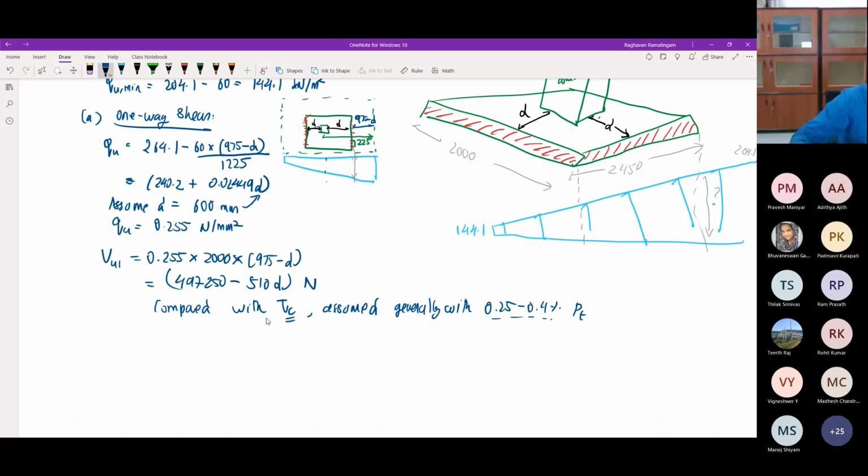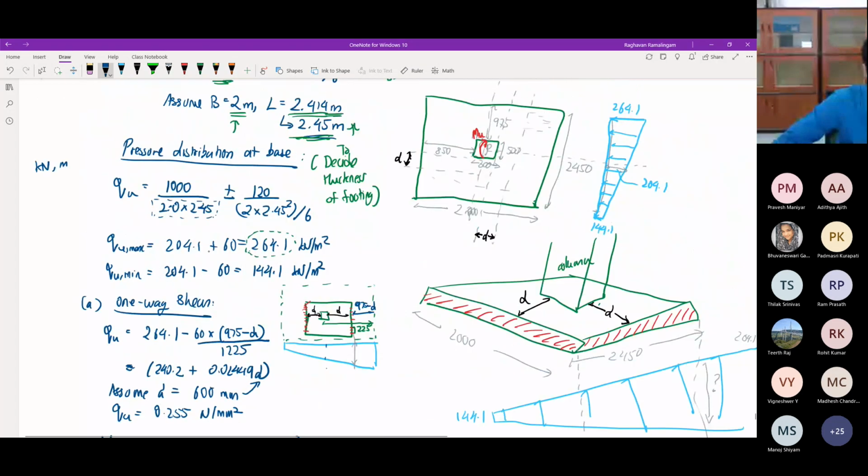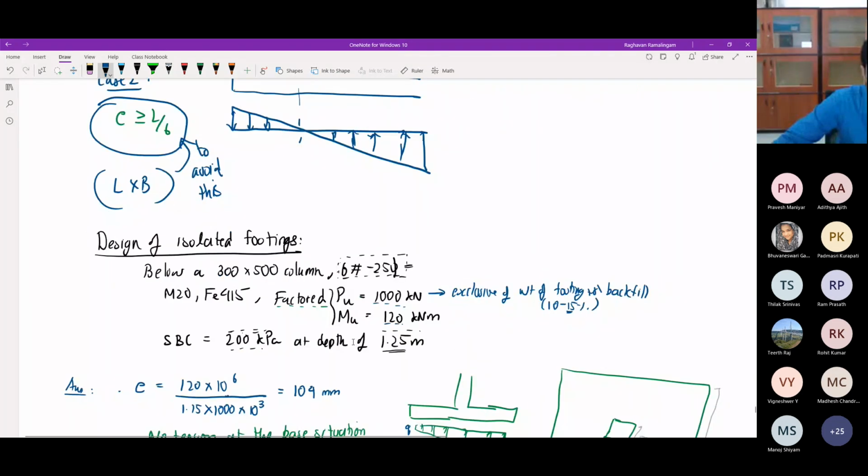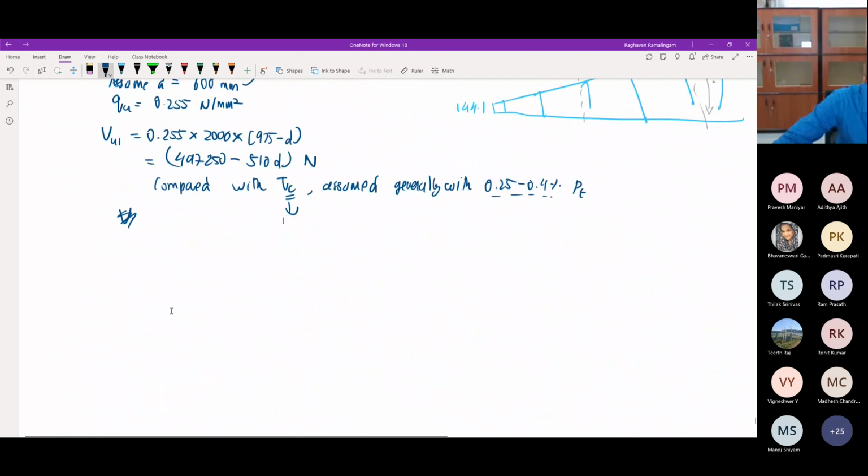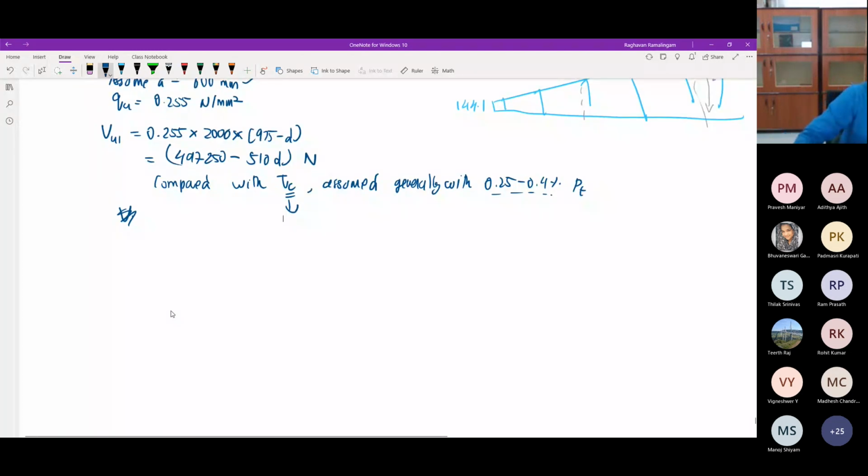Okay, so then for this I get tau c. The concrete is M20. So for M20 and 0.25 percentage of PT, I have tau c is 0.36 Newton per mm square.